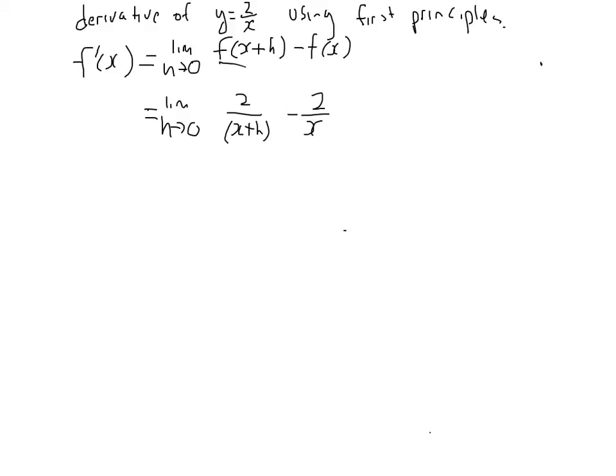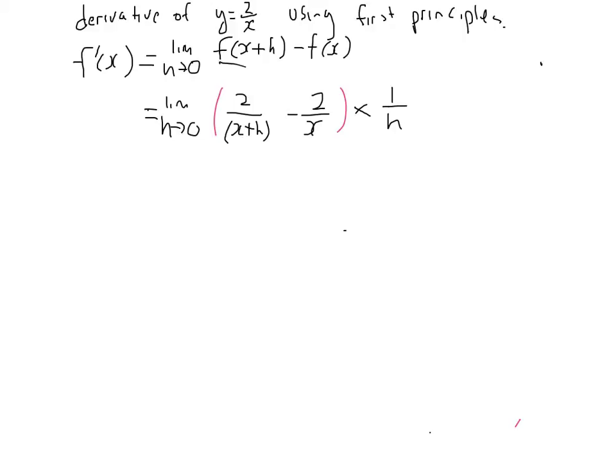Instead of writing it all as one big fraction, instead of dividing it all by h, I'll times it by 1 over h. That's exactly the same thing as dividing by h. It just means that the fraction is going to be a little bit less complicated to look at.